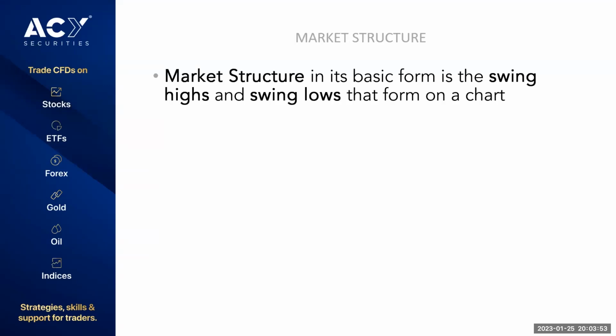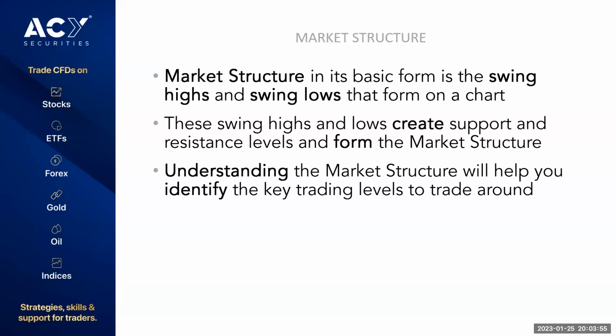All right, so let's talk about market structure. Market structure, in its basic form, is the swing highs and swing lows that form on a chart. These swing highs and lows create support and resistance levels and form the market structure, okay? Understanding the market structure will help you identify the key trading levels to trade around, and understanding how it forms.